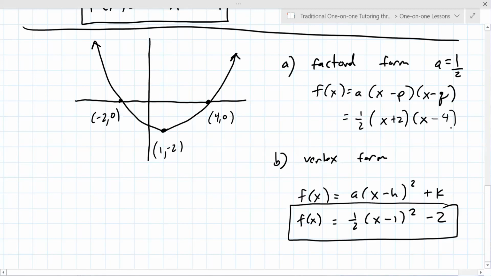Good. And then I guess it would become like 1/2 x. No, 1/2. You're done. You leave it like this.